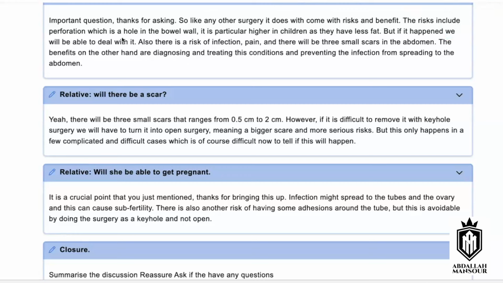So basically, we have four types of consents. Consent type 1 is for adults who have capacity. Consent form 2 is for children.